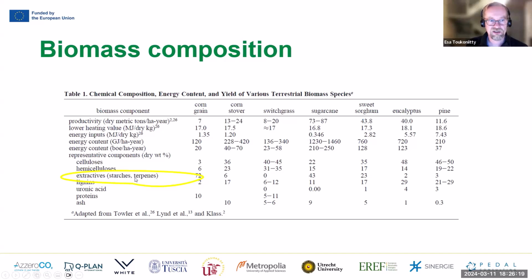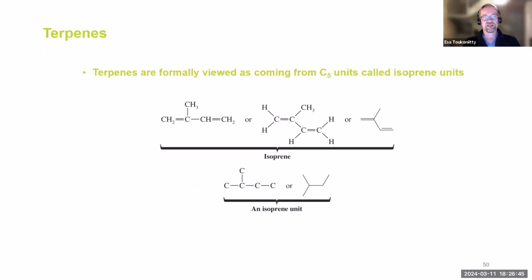And here in this table it just means grouped all together, but there are hundreds of different terpenes that you can find in natural products. Similarly, as with sugars, there are hundreds or even thousands of different sugar structures. So terpenes are made out of these basic building blocks, these C5 isoprene units.